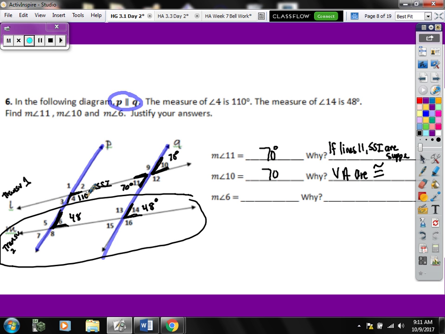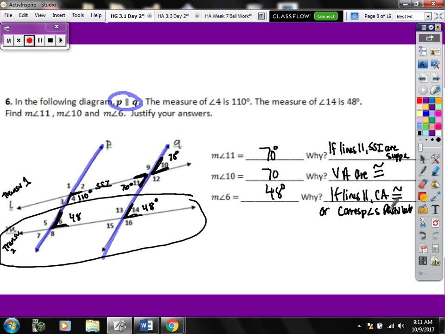Now, again, some of you will say, shouldn't these be supplementary because they're same side interior? No, because L is not parallel to M. We only have one pair of parallel lines. Okay, so again, if lines parallel, corresponding angles congruent. So again, I would make sure that you're highlighting only the parallel lines so that you can identify what's going on.